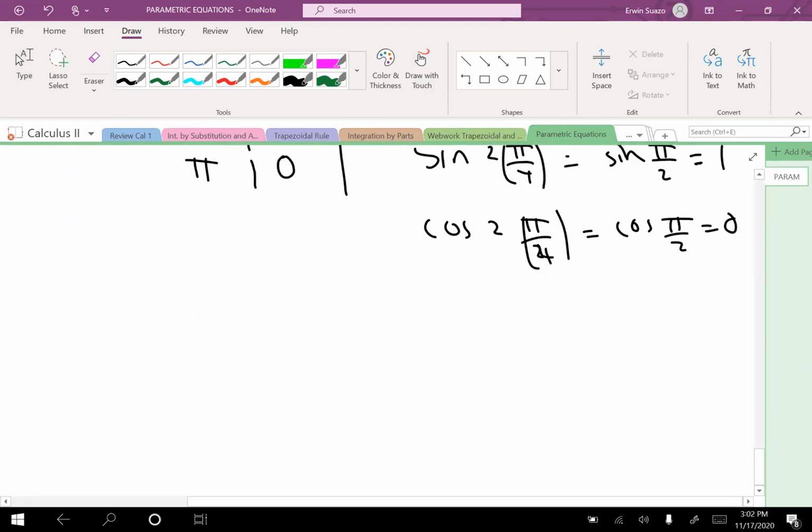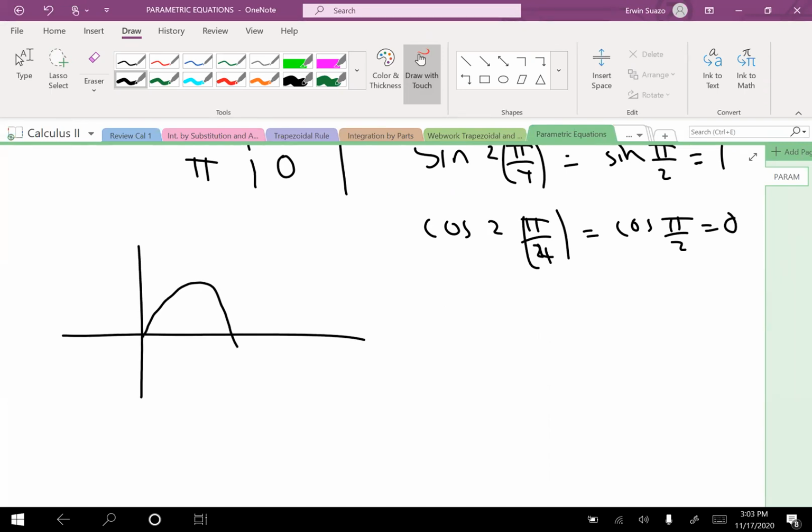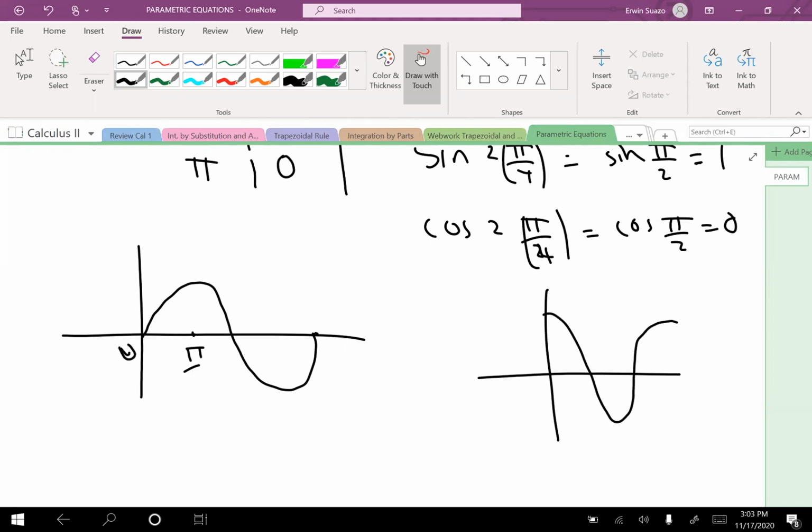If you're still lost with your cosines and sines, let me teach you a trick. I already taught you this, but let me teach you again. This is my sine, and my cosine goes like this. Then I fill in the graph. This is 0, pi halves, pi, 3 pi halves, and 2 pi. Same thing here.